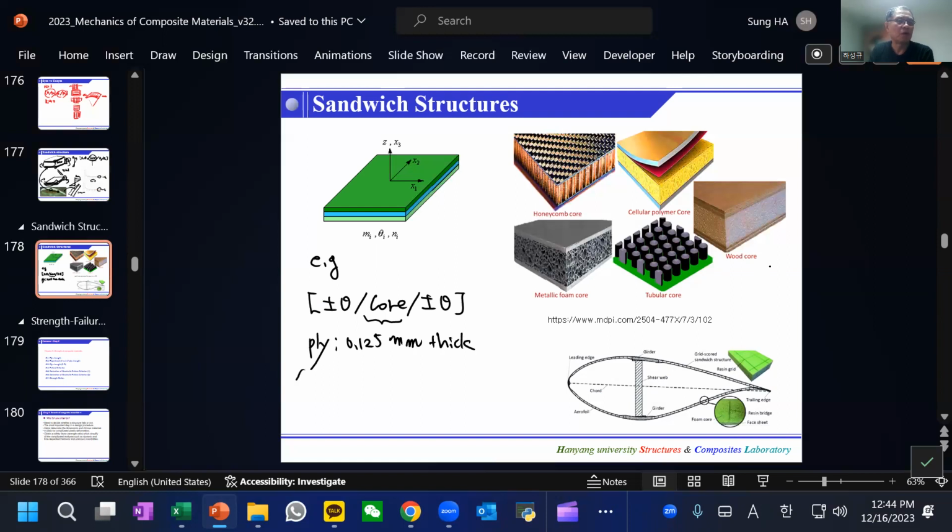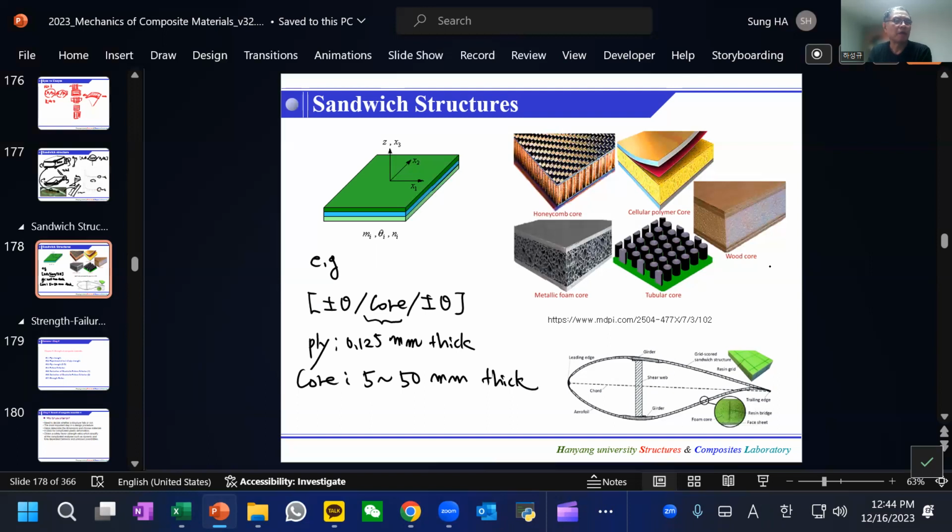But the core can be more than 5 millimeters, even very large, like 50 or even bigger. I cannot say a precise number, but depending on the structures, we can have a very thick core.